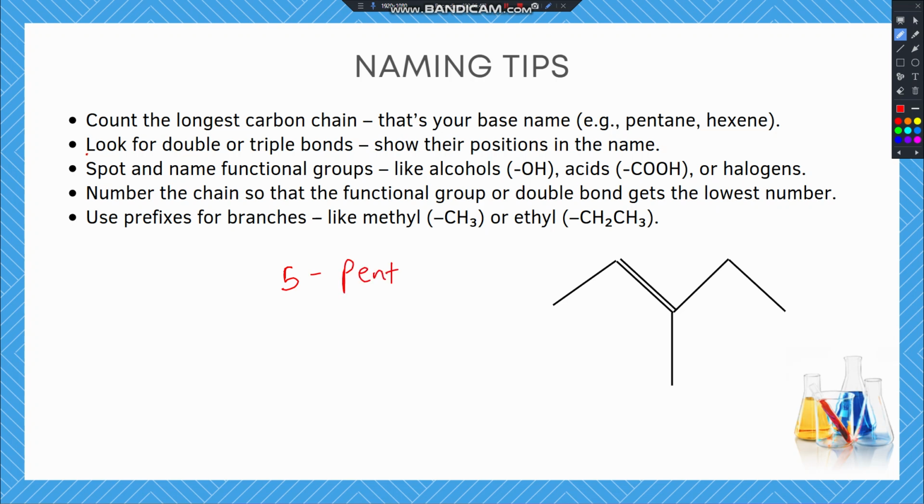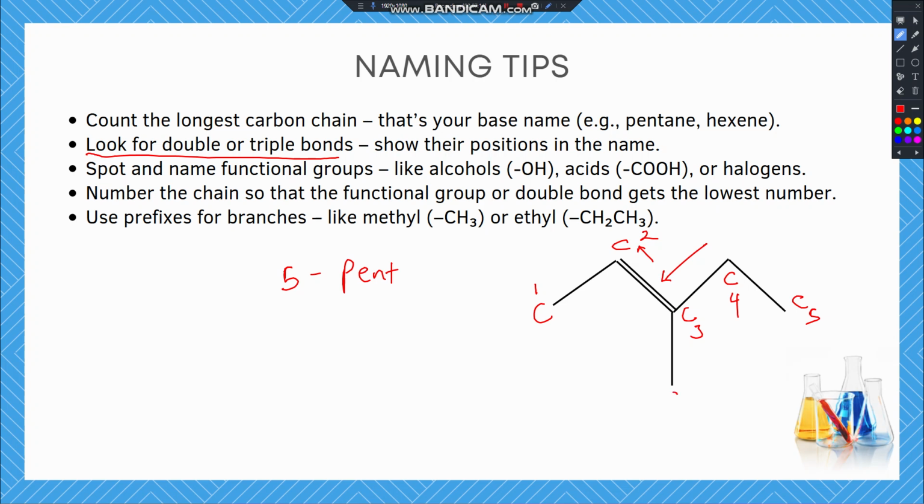So the next thing says look for double or triple bonds and show their positions in the name. Is there a double bond in this compound? Of course there is a double bond over here, and it is on the carbon number 2. Remember, we are counting from the end that will give the double bond the priority. So this is carbon number 1, carbon number 2 over here, and then we have carbon number 3, carbon number 4, and carbon number 5.